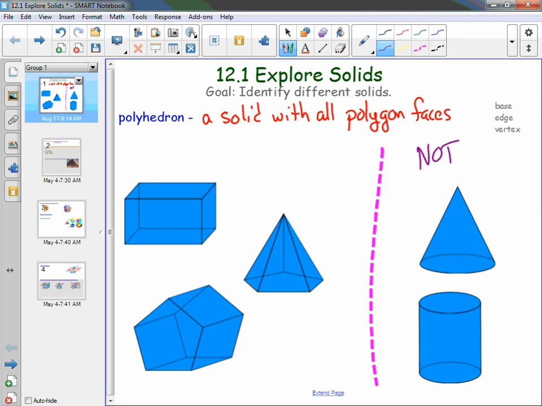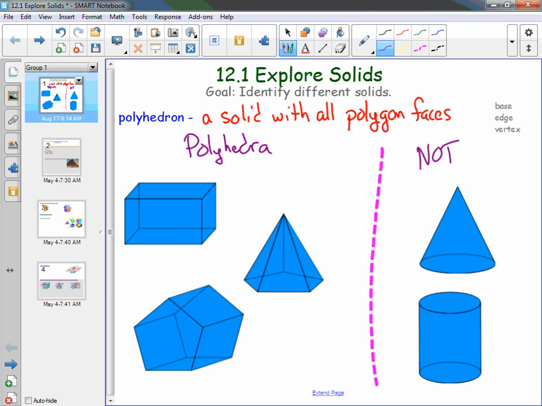Over here, these are polyhedra. Polyhedra is the plural form of polyhedron. I do not know why it's not polyhedrons, but the plural term is polyhedra.